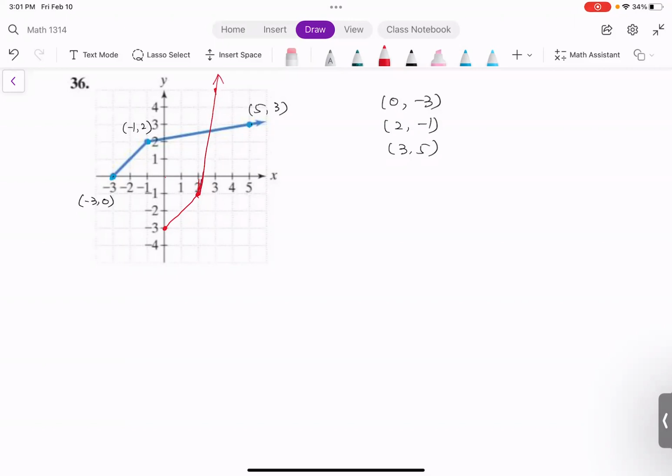And from the graph, you can tell that these 2 functions are symmetrical along y equals x. If you have a line y equals x, these 2 graphs must be symmetric along it.